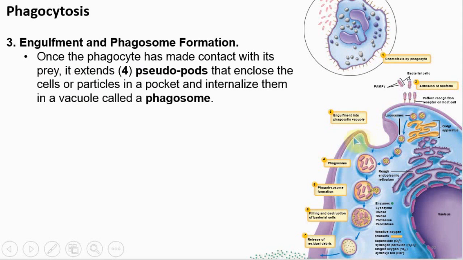So it's like a foot that comes out and grabs the bad guy and pulls it in and sort of creates this vacuole. Anyway, that vacuole is called a phagosome. The outside part of the vacuole used to be the cell membrane of the phagocyte. Of course then it pinches off and becomes this vacuole. So this fluid inside here was the fluid on the outside of the cell.